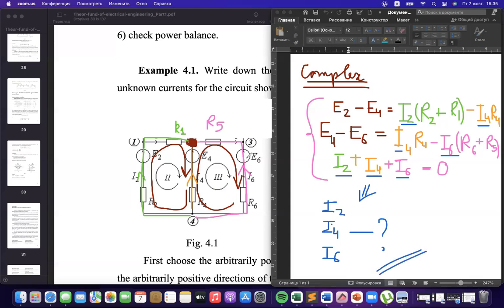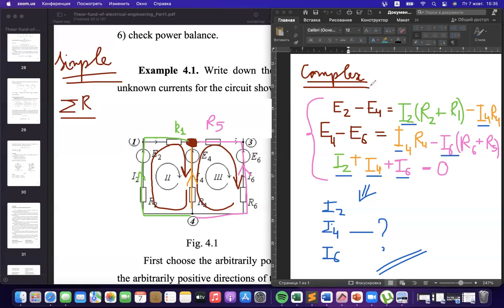We'll practice this next time, just not to put a lot of information in one lecture. But the main idea is like here. For a simple circle, you don't need the system of equations, because for a simple circle with only one source, you could find the total resistivity.